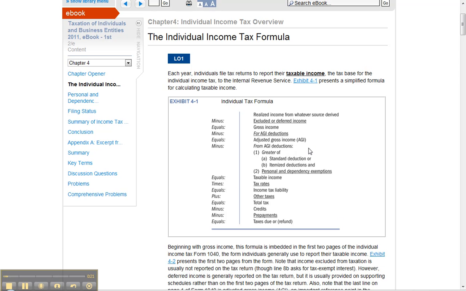First, the individual income tax formula. The thing to point out here is there are two different classifications of deductions for people. There's for AGI deductions and from AGI deductions.